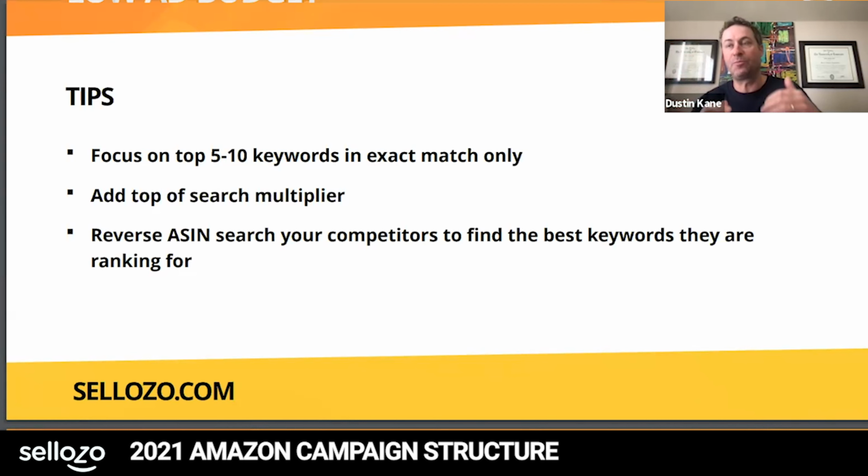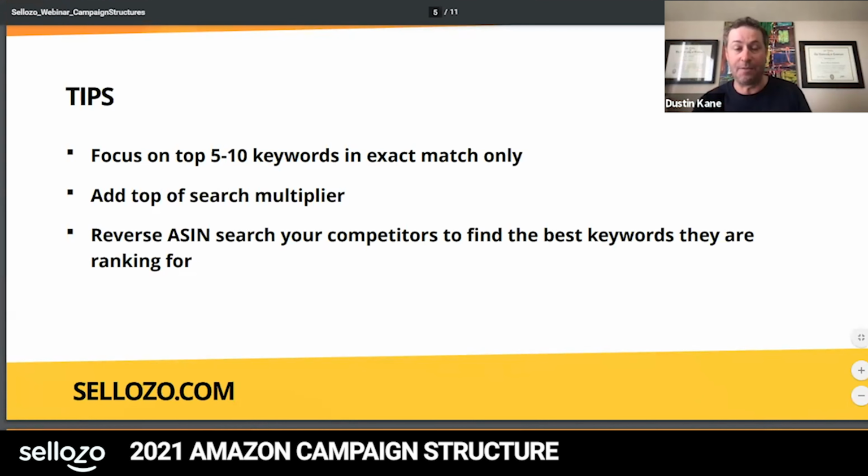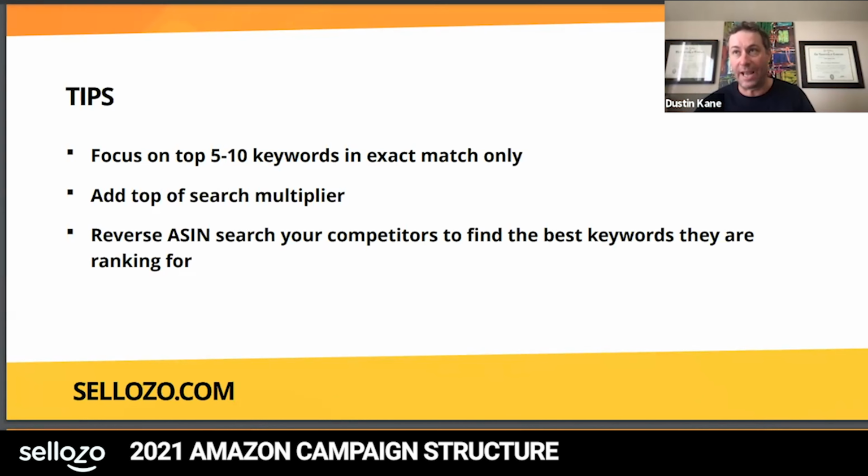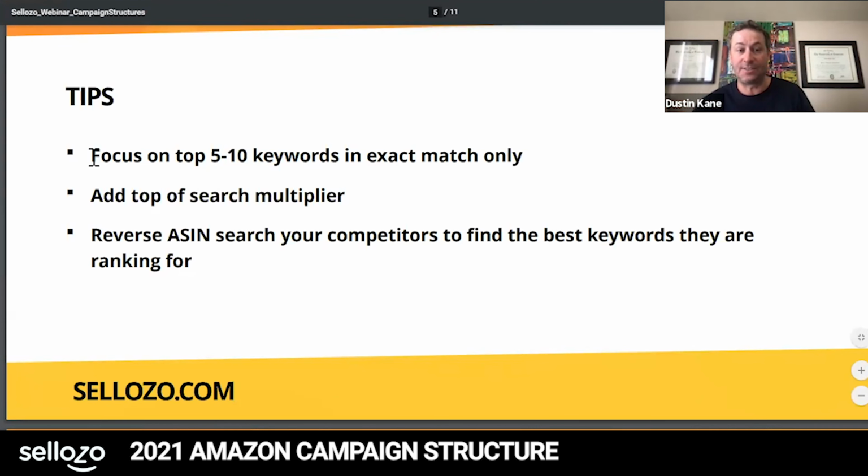If you put a top of search multiplier there, Amazon will increase your bid up to whatever percentage you've set to get you at the top of the page for that search. Since you're focusing directly on just a few keywords, you want to make sure you're showing up for those, so you can speed up how quickly you rank and show at the top of the page so you can get the clicks. I do this all the time when I'm operating with a lower budget. We'll also talk about this as something you would do for sure when you're doing a product launch.